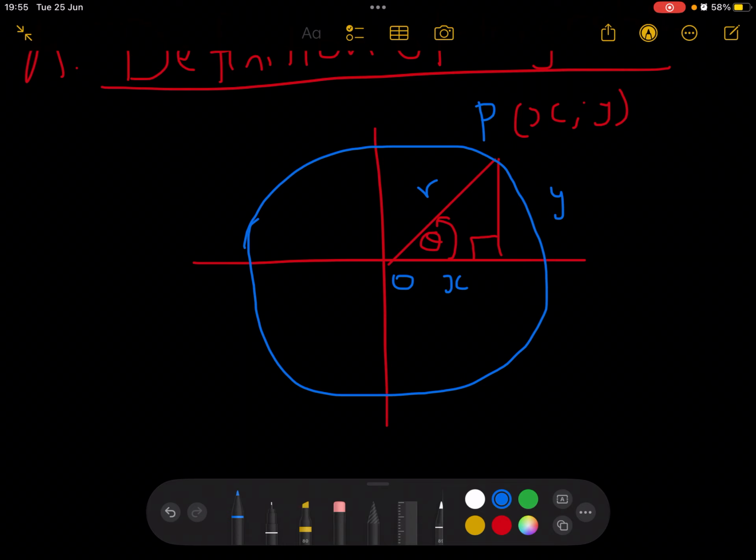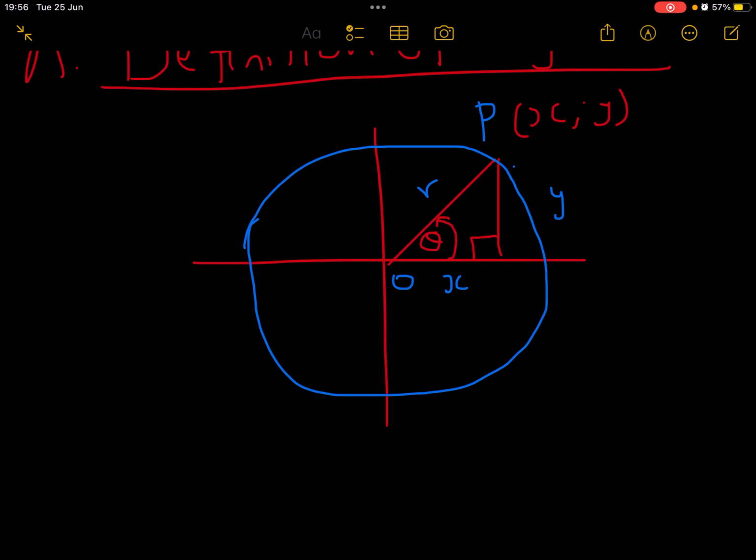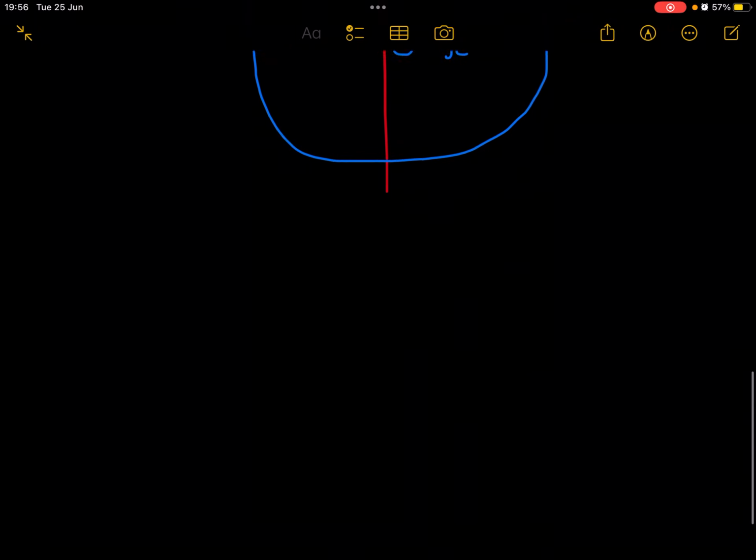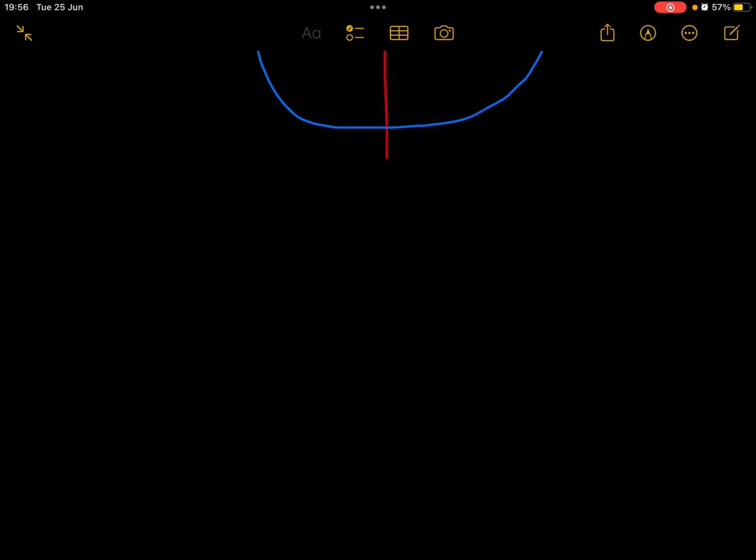Now, to define the trig ratios, we look at the angle POX as the angle theta, and OP is equal to r. We can define about 6 trig functions. This is valid for grade 10, 11, and 12.